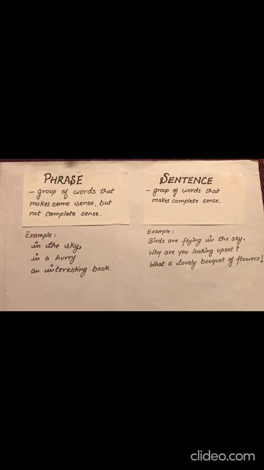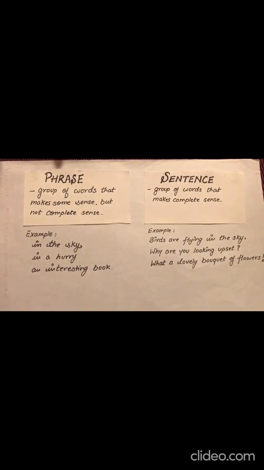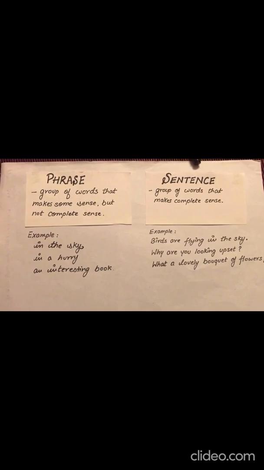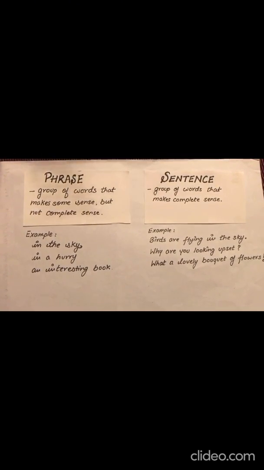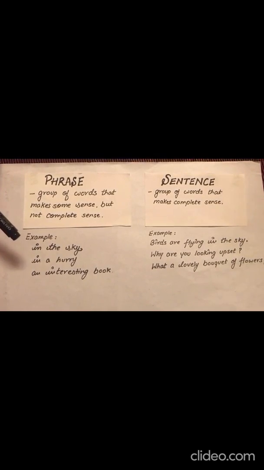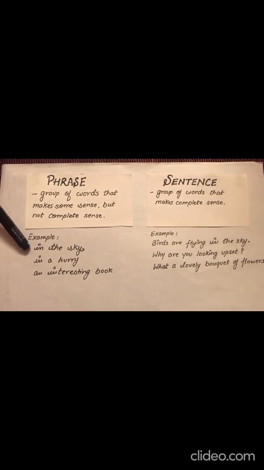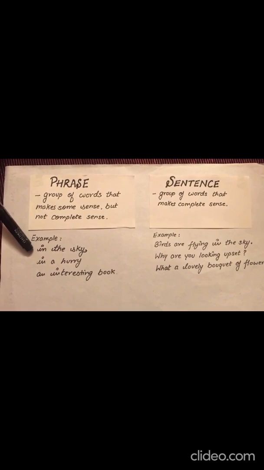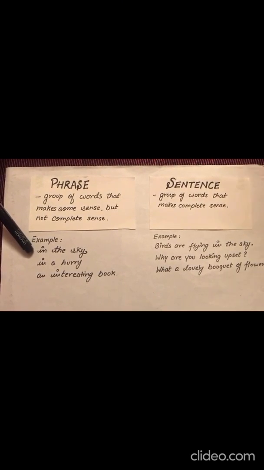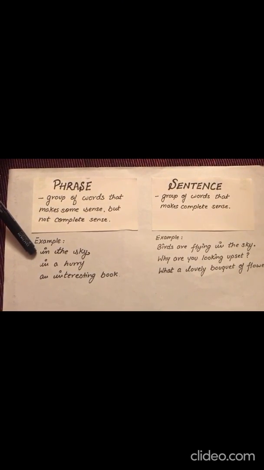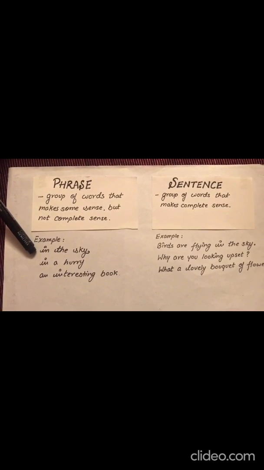Let us understand the difference between the definitions of a phrase and a sentence with the help of examples. Let us first understand examples of a phrase. In the sky. When I speak this group of words in front of you, you will have questions in your mind. What in the sky?